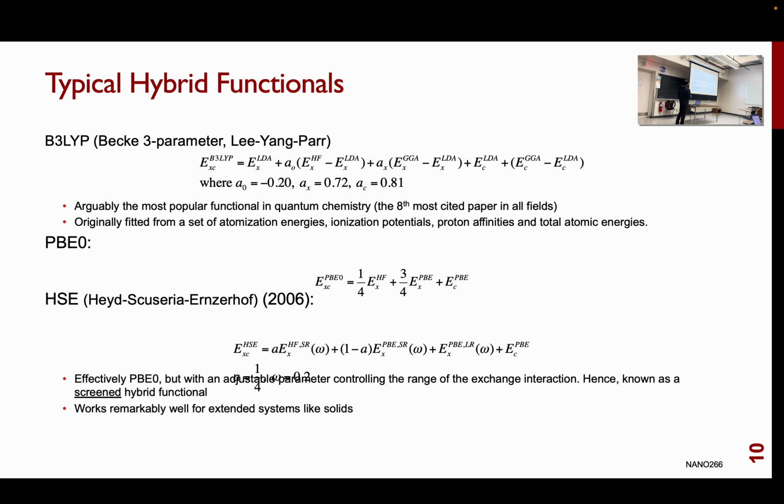So the exchange correlation energy of your B3LYP functional is given by the exchange energy of your LDA, plus a0 times the Hartree-Fock minus the LDA exchange energy, plus ax, which is your GGA, multiplied by the difference between your GGA and LDA exchange energy, plus this correction, plus essentially your GGA correlation energy.